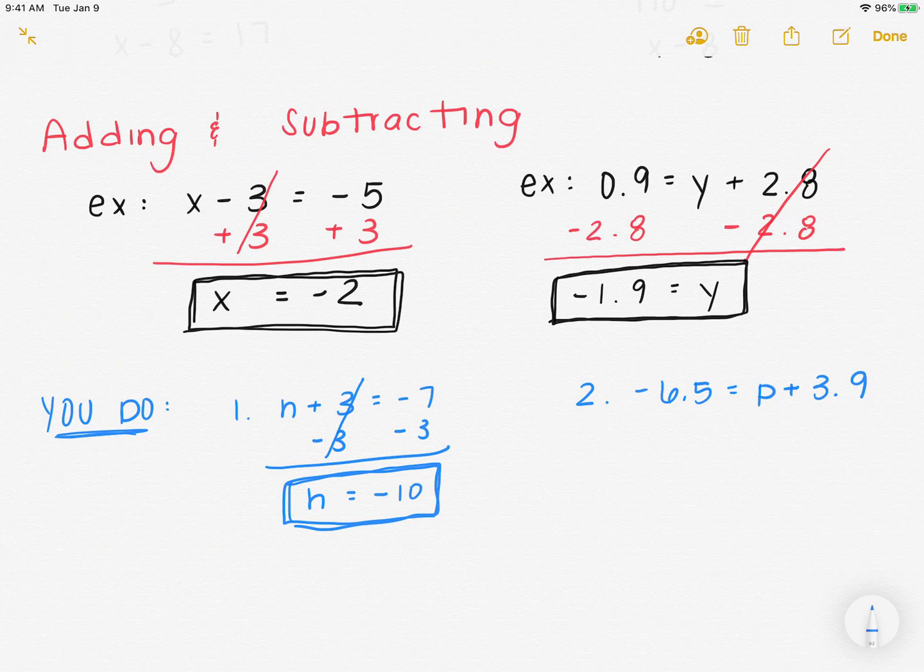I see that the P is next to a plus 3.9, so I want to get rid of this 3.9. Since it's adding, my opposite is subtracting. So I'm going to subtract 3.9 over here. And -6.5 minus 3.9 gives me -10.4 equals P. Just remember, if my signs are the same, it's really like I'm adding them together and then just taking that negative sign that's already there.